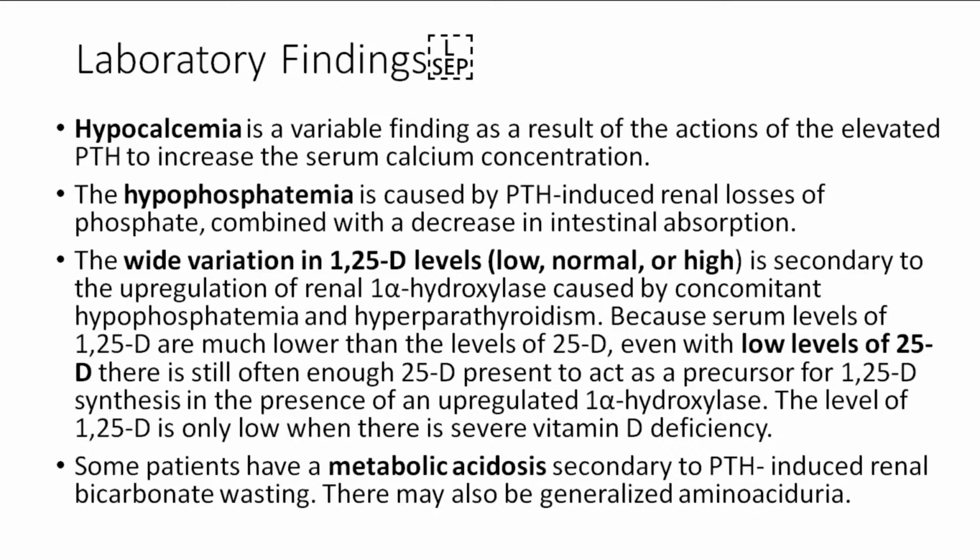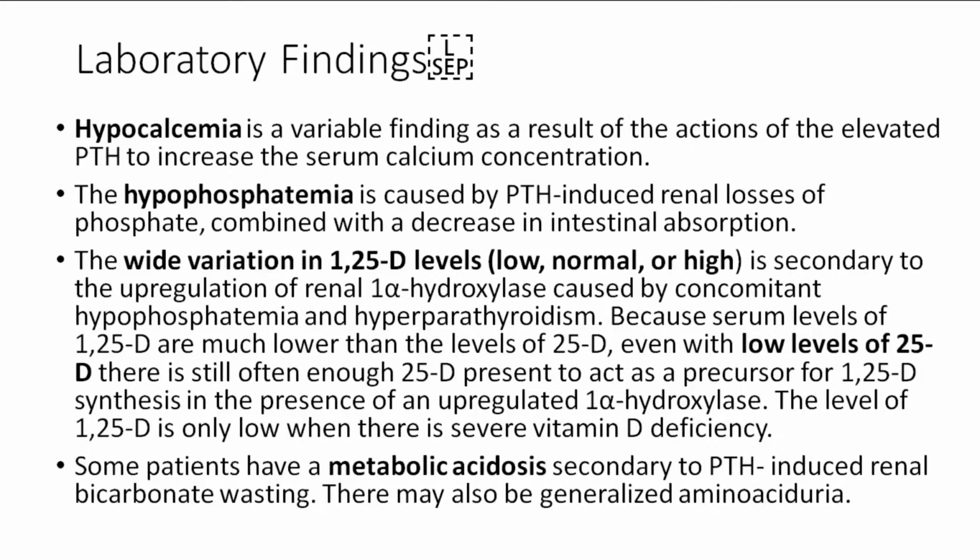Because serum levels of 1,25-hydroxyvitamin D are much lower than the levels of 25-hydroxyvitamin D, even with low levels of 25-hydroxyvitamin D, there is still often enough 25-hydroxyvitamin D present to act as precursor for 1,25-hydroxyvitamin D synthesis in the presence of an upregulated 1-alpha hydroxylase.